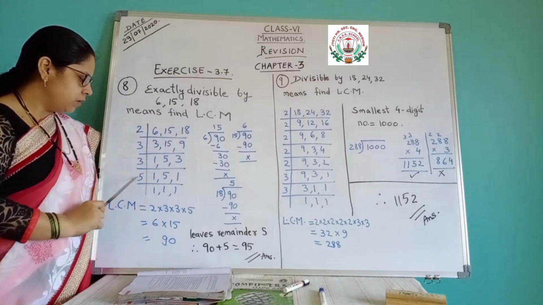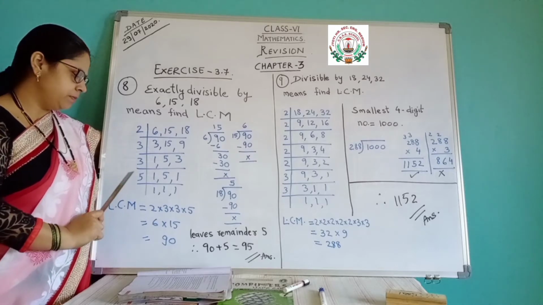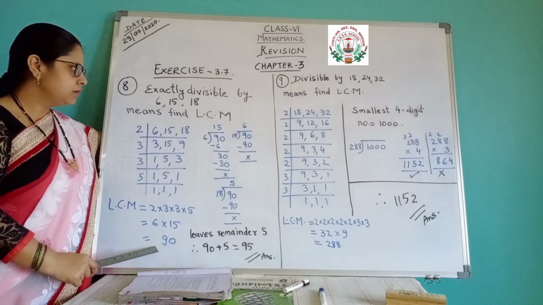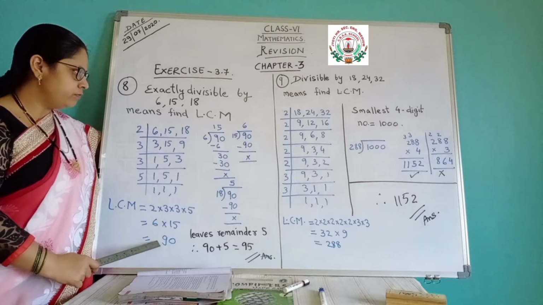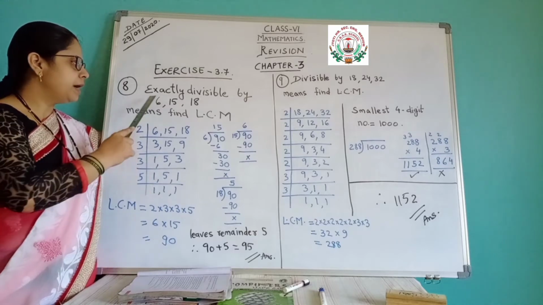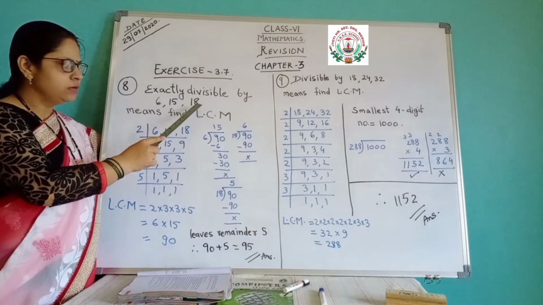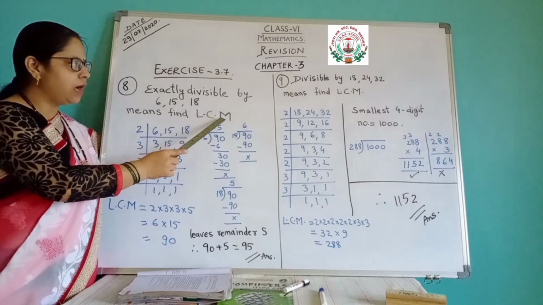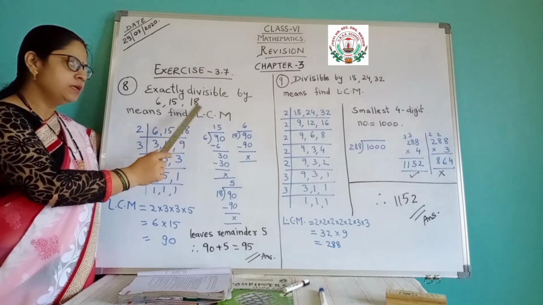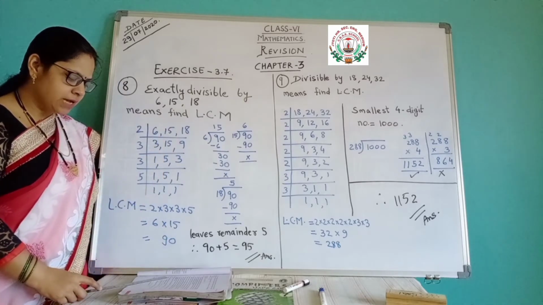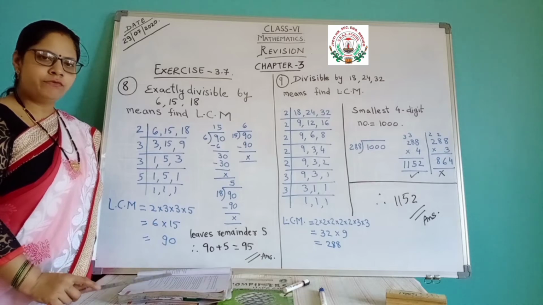LCM means all these factors and the multiplication of them. In this way we are getting 90 as the LCM. Now we have to check whether this 90 is divisible by all these three or not. Definitely it will be divisible because we got this answer after finding the LCM. And the question is asking for leaving the remainder 5.